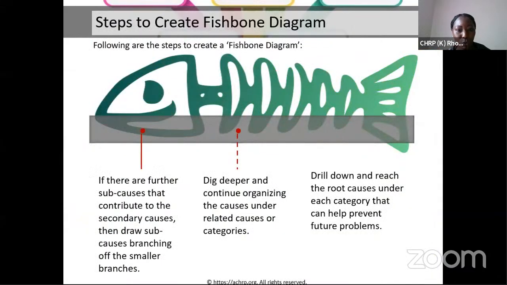Any question on the fishbone? That we say, dig deeper and continue organizing the causes under related causes or categories. It is as simple as that. So it will take the shape of a fish, and it has to be connected to the head, which is the problem statement and the understanding of the problem situation.